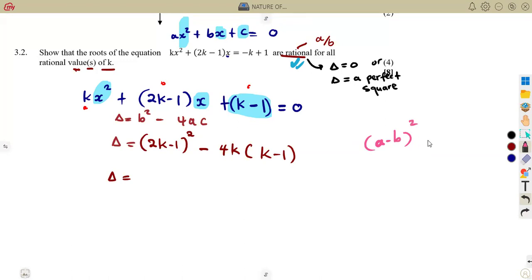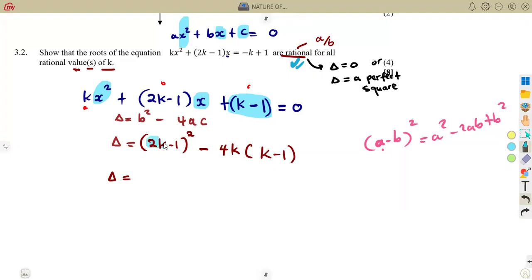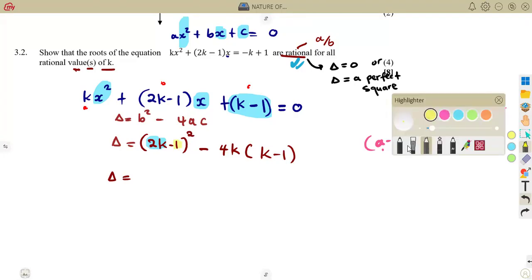A minus b squared, remember, this is a squared minus 2ab plus b squared. So in our case, this is our a, which is 2k, and our b is 1. Not minus, but the 1, the number, which is just 1 as it is.